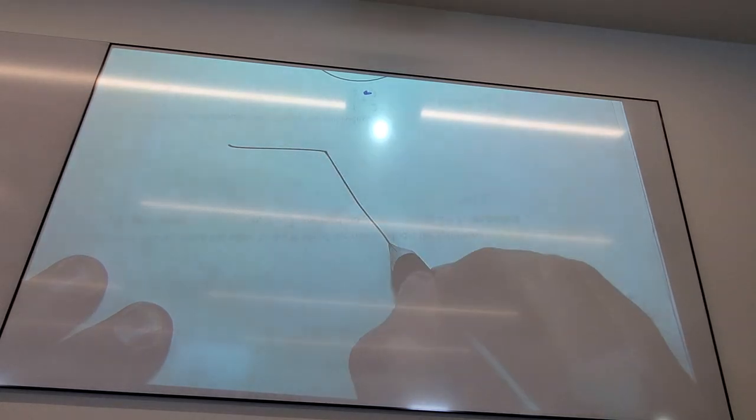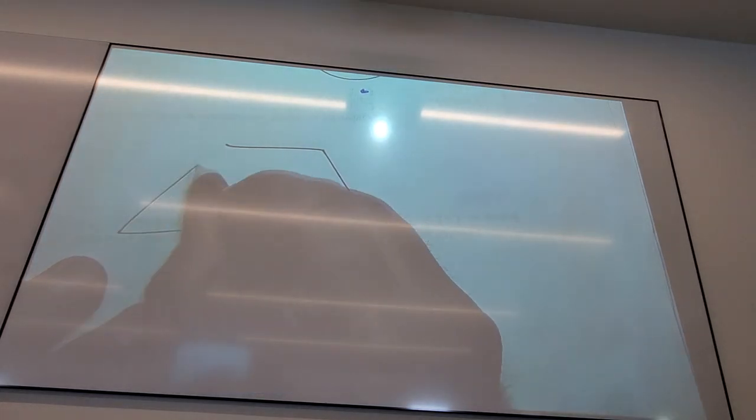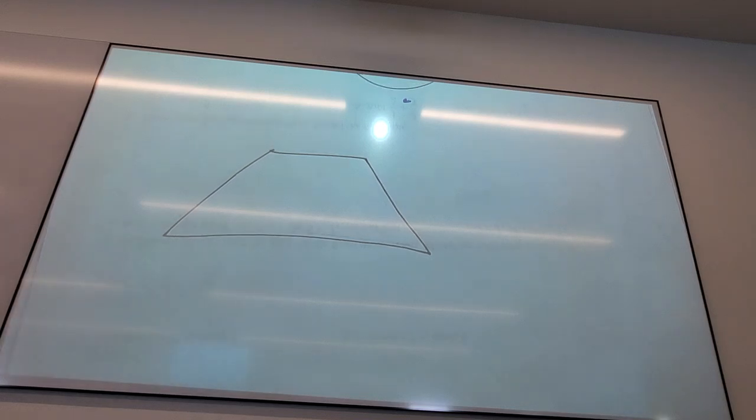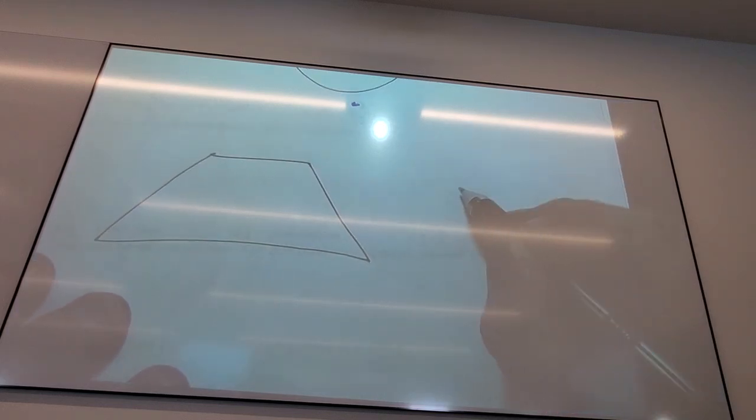What kind of polygon is this in terms of concavity or convexity? Convexity. What do you guys think? Is that concave or convex? Let me give us an alternate thing.